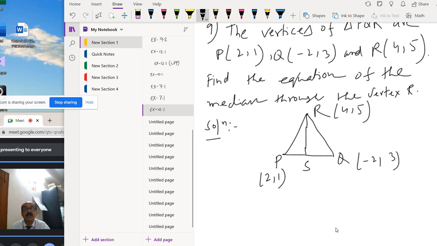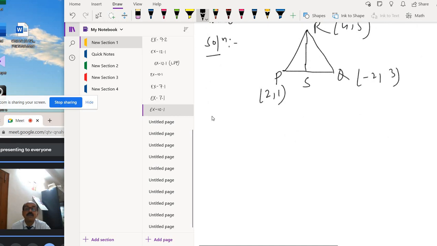S is the midpoint because RS is the median. So find the coordinate of S.